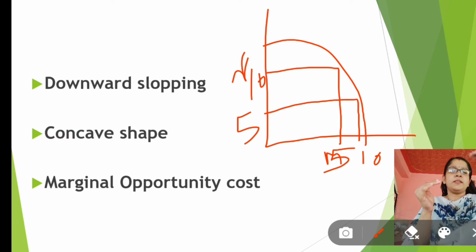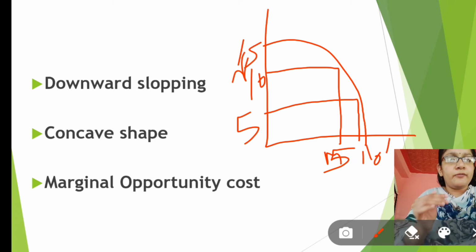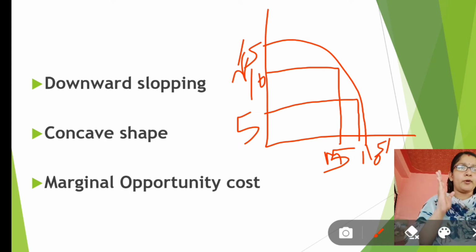So there are some combinations. This is 15. The first combination is the economy can produce only 15 amount of rice and 0 mobile phones. Then the second one is 15 amount of mobile and 0 amount of rice.